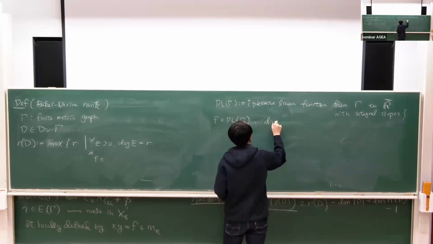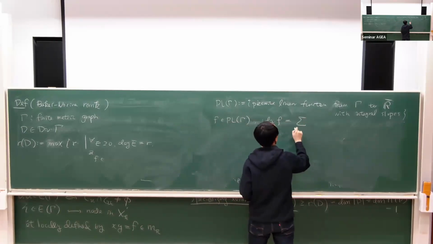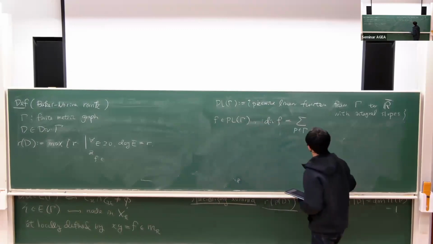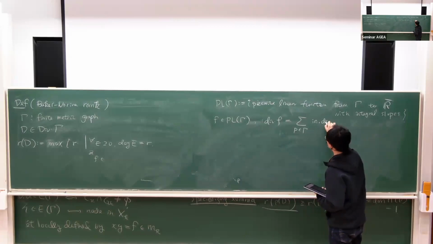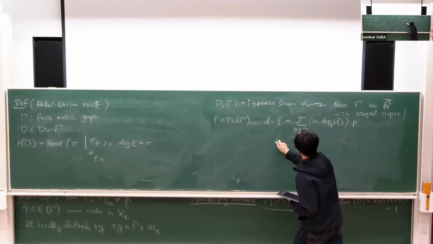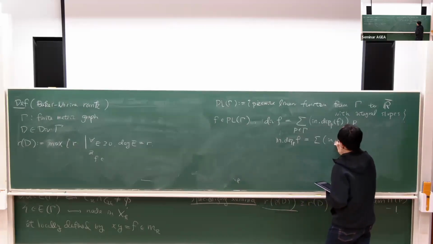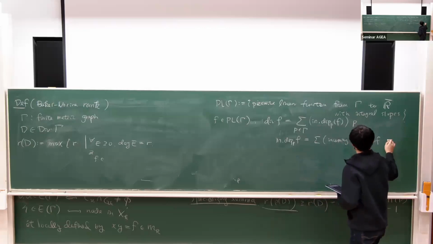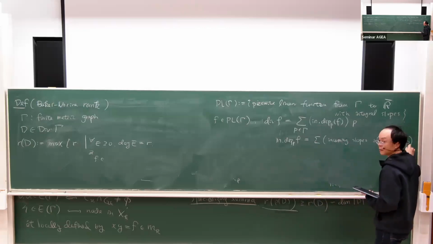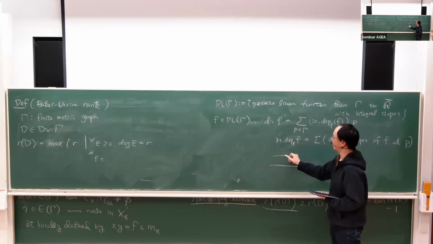This is defined in the following way. This is the sum over every point P, and the coefficient is the incoming degree of F at P. Here the incoming degree is just the sum of every incoming slope of F at P. So for example, if you have a piecewise linear function like this, here you have slope 0, you have slope 1.